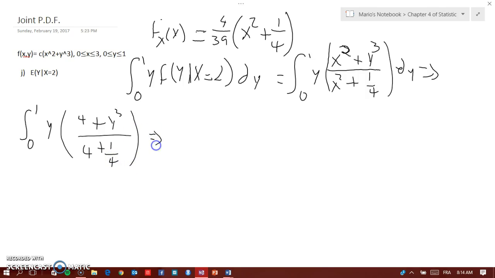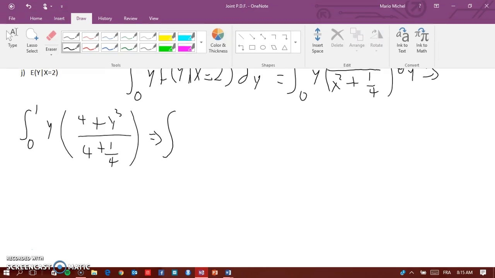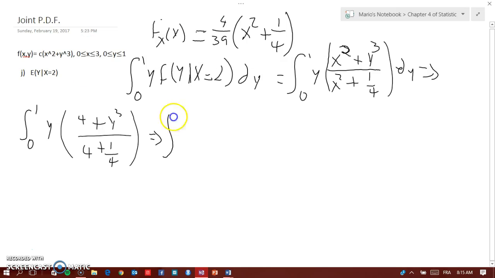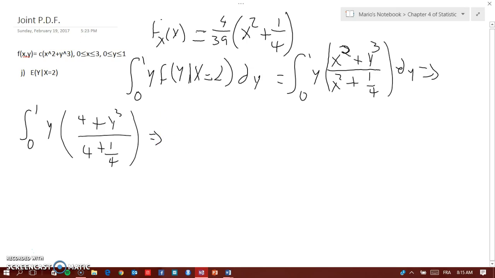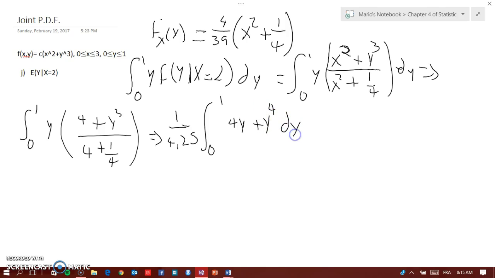I'm going to put the bottom part outside. So 4 plus 1/4 is 4.25, so 1 over 4.25 times the integral from 0 to 1 of 4y plus y to the power of 4 dy.